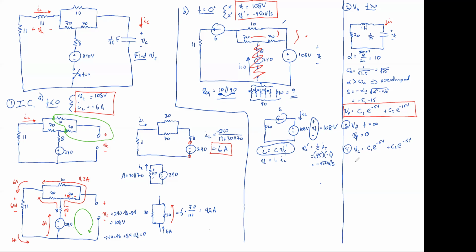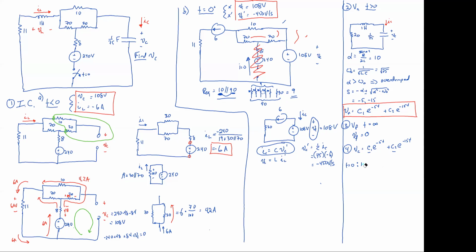Okay, and now we want to find our unknowns by substituting in our initial conditions. At t equals 0, we have VC is 108. And what does that equal, Phil, in terms of our C1s and C2s? That's going to equal C1 plus C2.